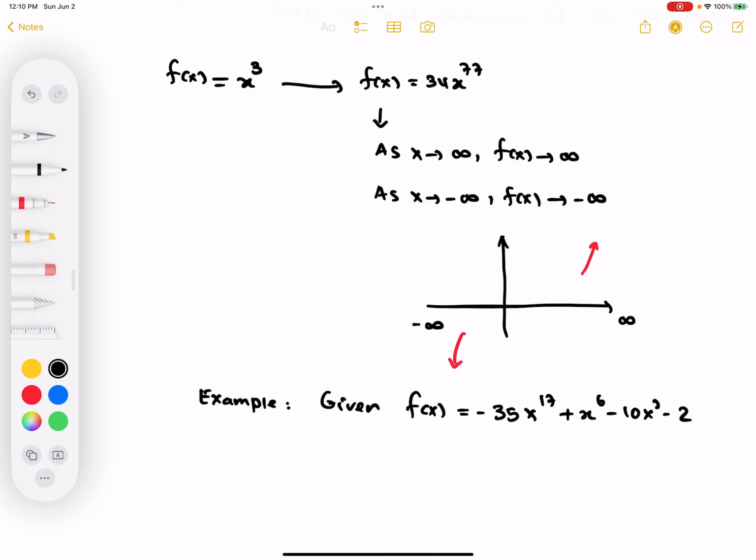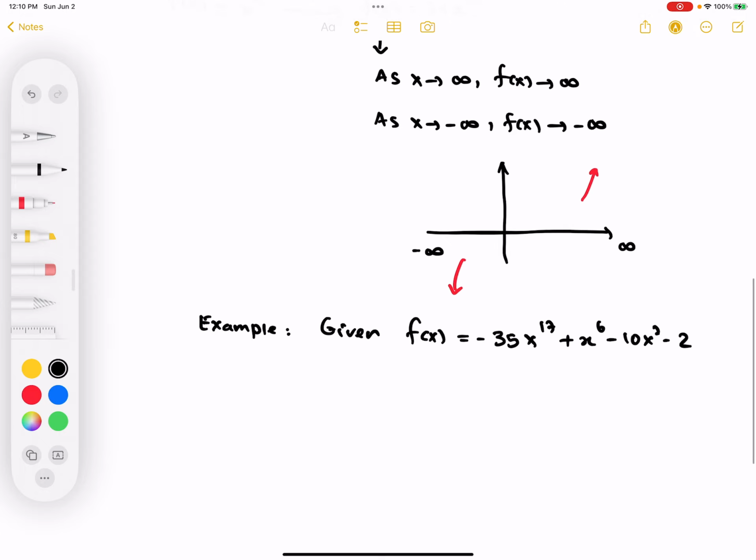So this is some random polynomial, but you are asked to state the end behavior of this polynomial, the end behavior of f of x.